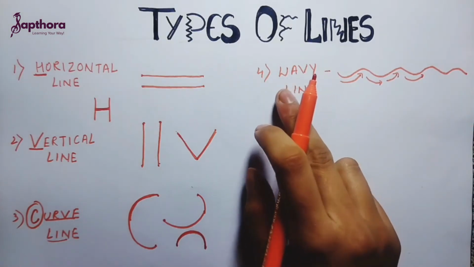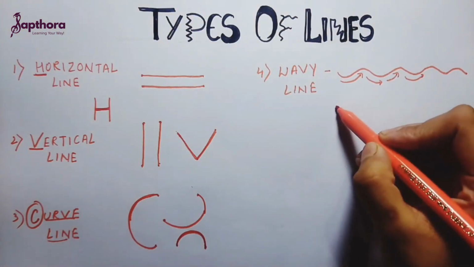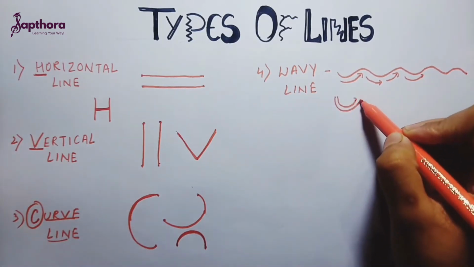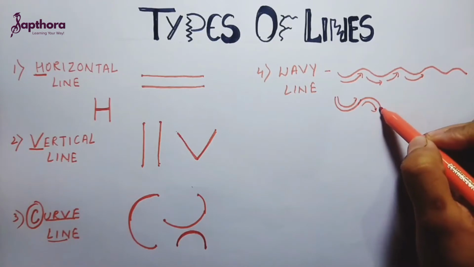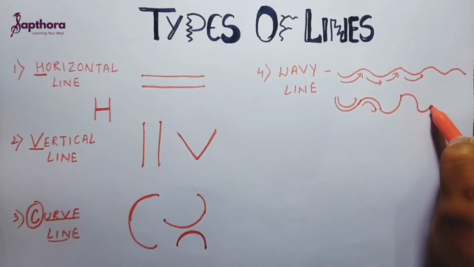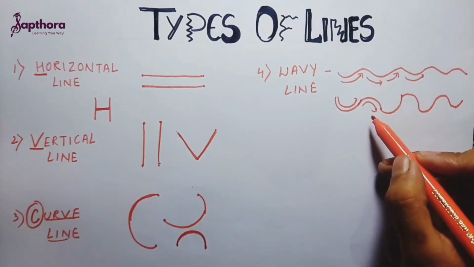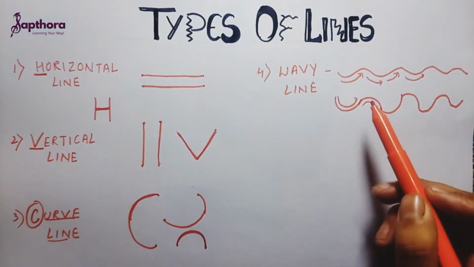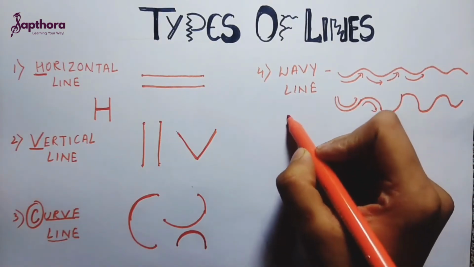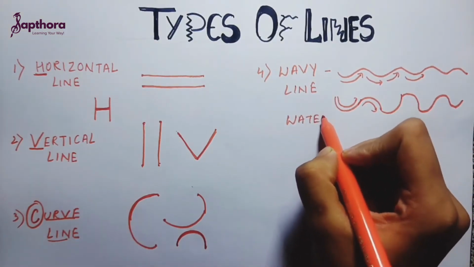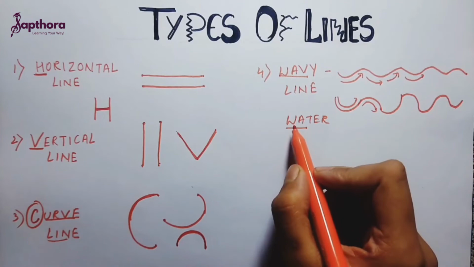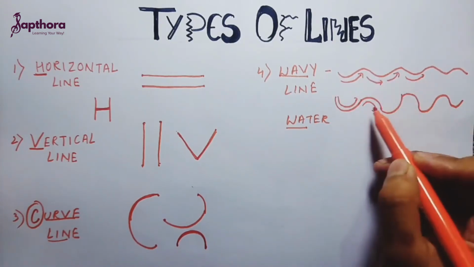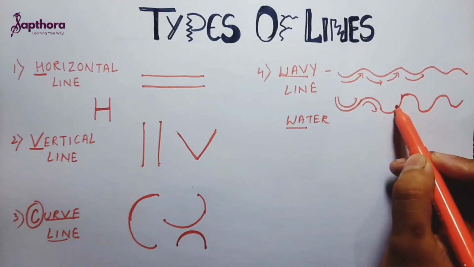So, wavy lines are a continuous chain of curved lines, which together form a wavy line which looks like the water waves. So W for water, W for waves.